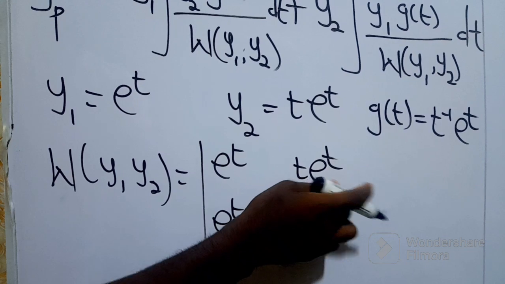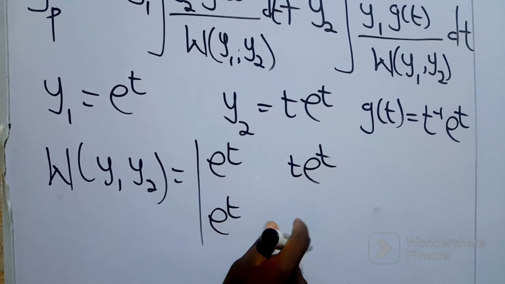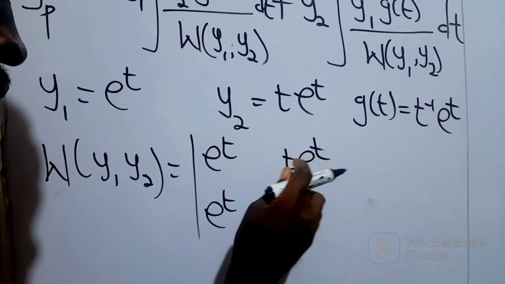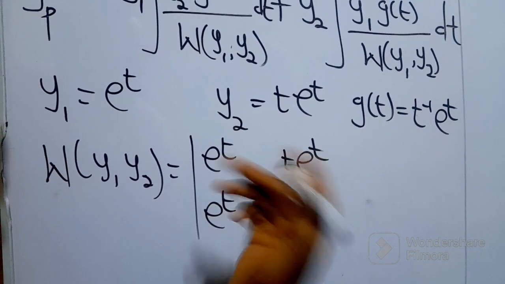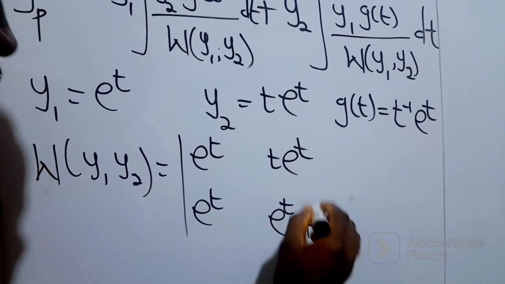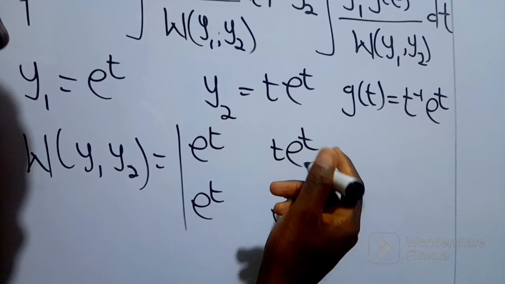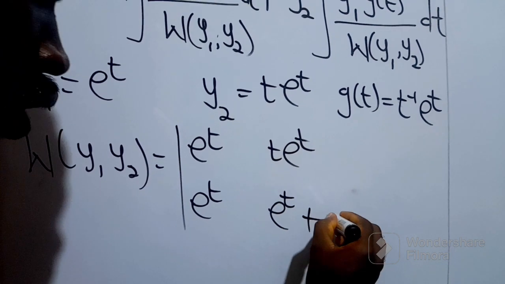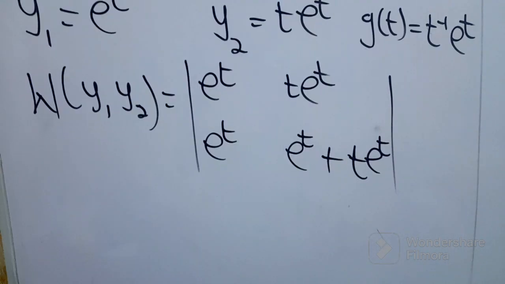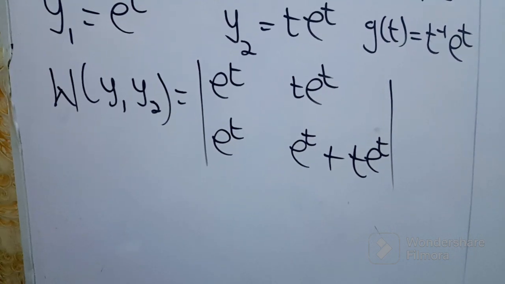Then we have to use the product rule to differentiate y2. I differentiate the t and keep e^t; the derivative of t is 1, so that will be e^t, plus, when I differentiate e^t, it will still be e^t, so plus t e^t. So we find the determinant of this matrix, and that becomes the Wronskian.